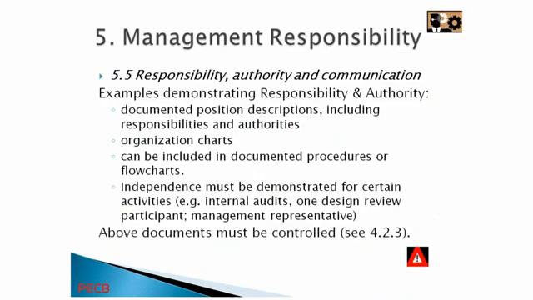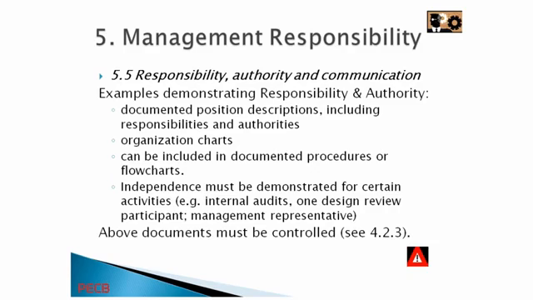5.5 is related to responsibility, authority, and communication. The organization has to define the responsibility and authority, and it should be documented. Position description, including responsibilities and authorities. Organization chart can be included in a document procedure or flow chart.